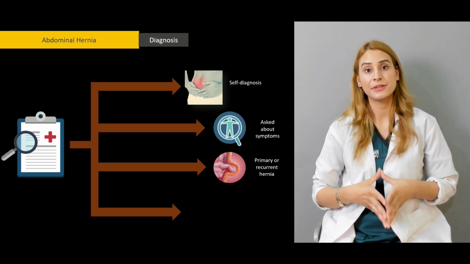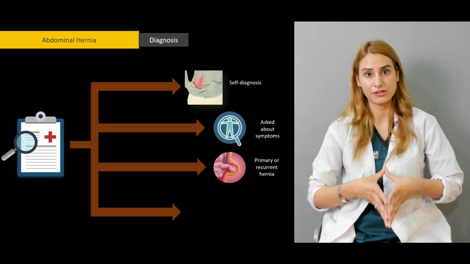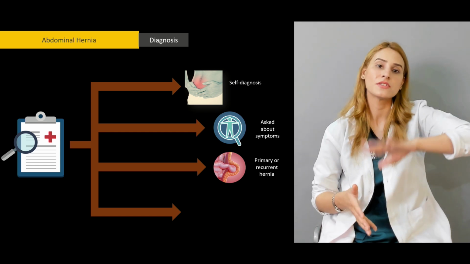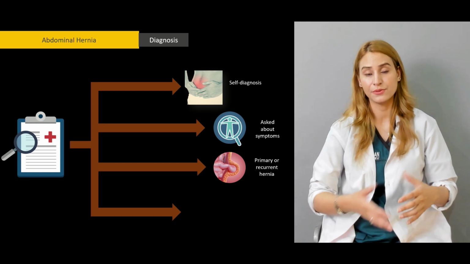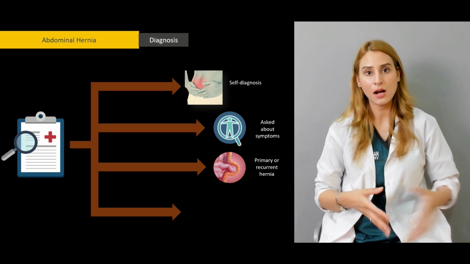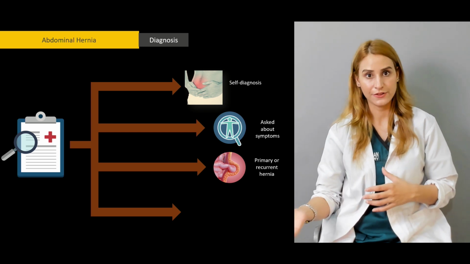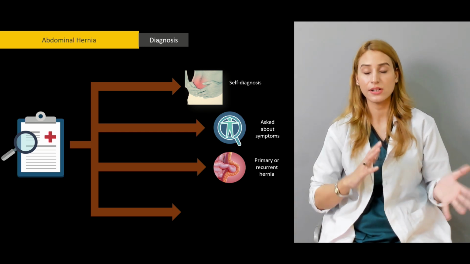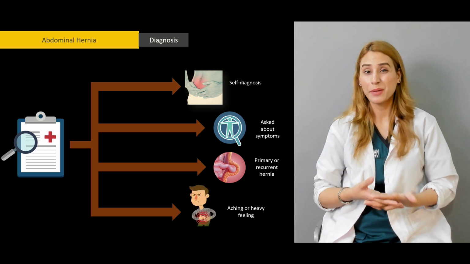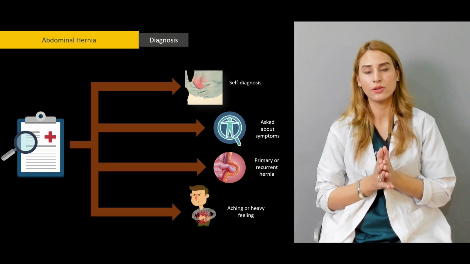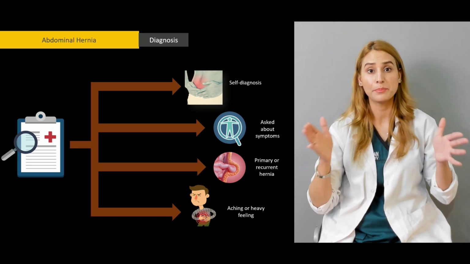You will ask the patient about the primary or recurrent hernia. You will ask the patient if there was a hernia and it was operated, and then he will tell you that there was a hernia, it was operated, and now it's again there. So this is basically the recurrence. So you'll ask about the primary or the recurrent hernias. I already told you, the hernias are mostly painless.